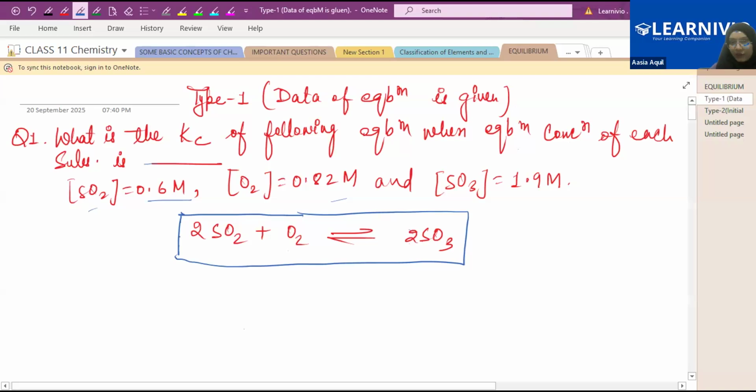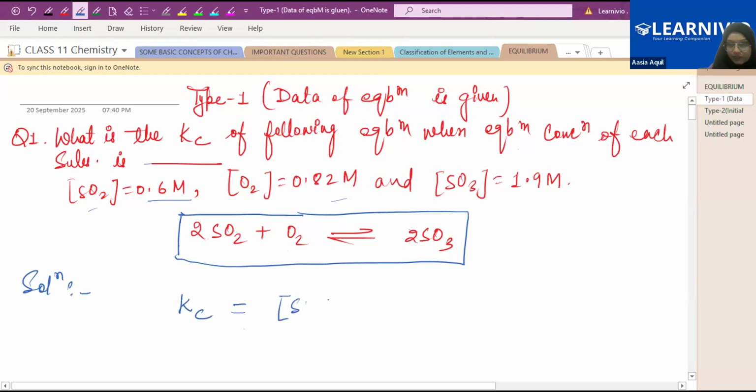So first, using this reaction, just quickly write down the equilibrium equation. What is the equilibrium equation? You know very well Kc is equal to the concentration of the product. What is the product here?